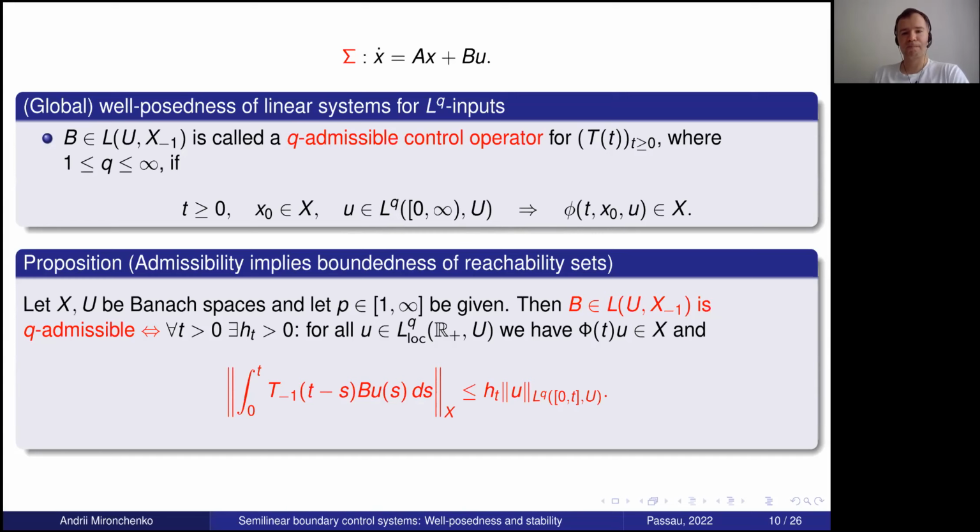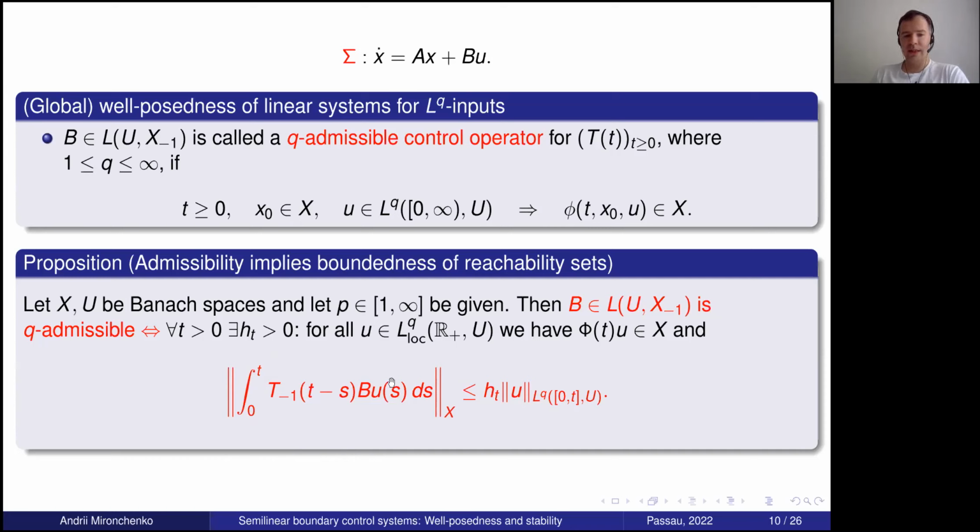Okay? Well, in fact, from this forward completeness, we can get an even better property. One can show that for each time t, we can bound this term, which describes the influence of an input, by some constant h depending on t, times the norm of the input. Okay?